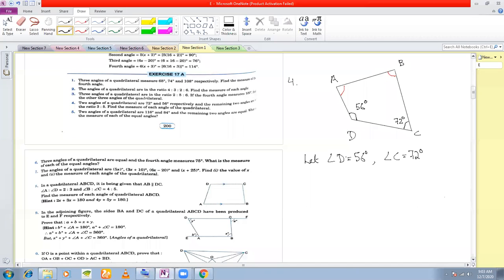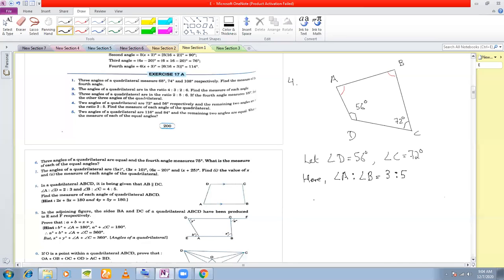Now since the ratio of the angles A and B is given, the ratio of the two angles is 3:5. That is, angle A is to angle B is 3:5.